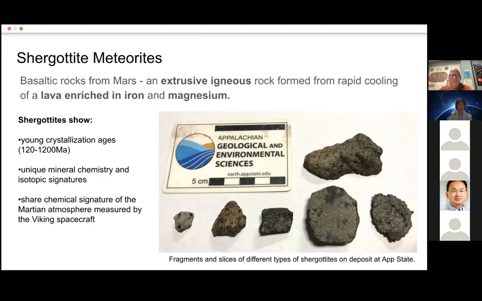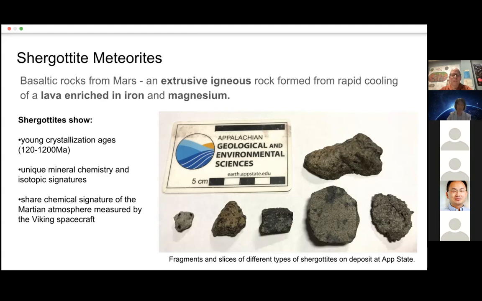We recognize we have samples of Martian rocks in our collection because they're distinct from many other types of meteorites. One of the first pieces of evidence we have to make this distinction is based on the age at which these rocks crystallized. Now, most of the meteorites we have in our collections here on Earth crystallized or formed around the same time, 4.56 billion years ago.